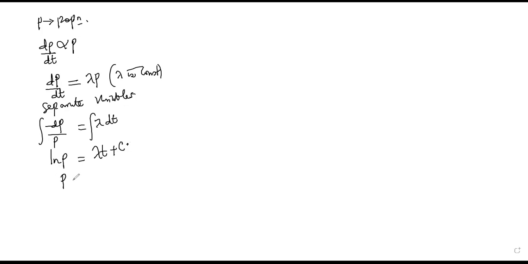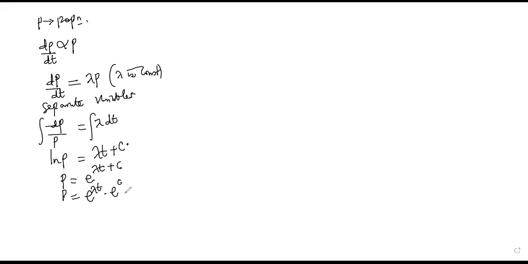So implying that our P would be equal to e, I have introduced e both sides. Ln will go. This side will be e to the power lambda t plus a constant, which is the same as P is equal to e to the power lambda t times e to the power c.